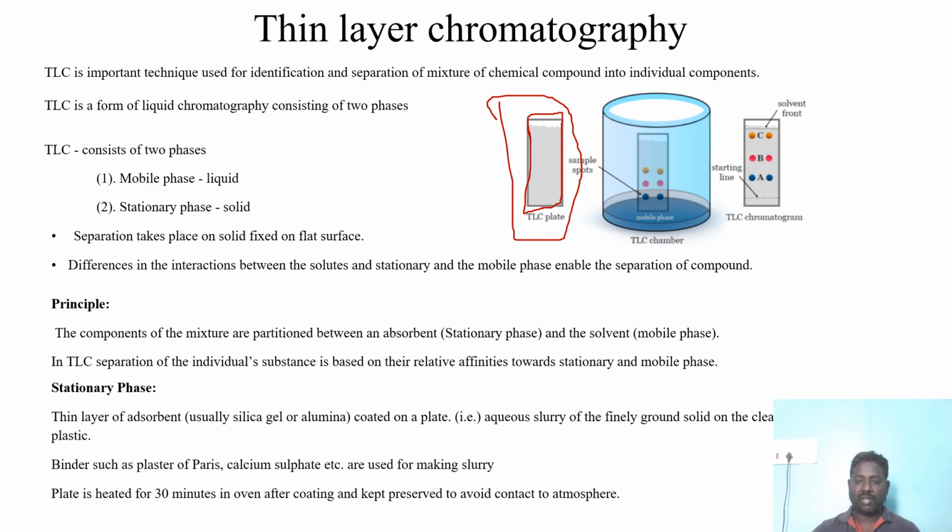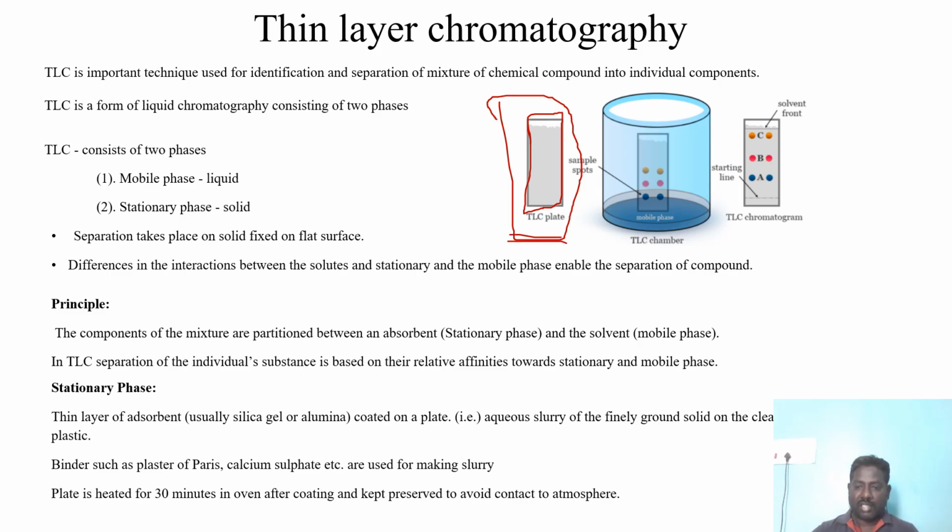A similar kind of glass substrate is used for TLC. The glass substrate is coated with the active solid on the surface, and after drying it looks like this. This is the exact picture of a TLC plate.